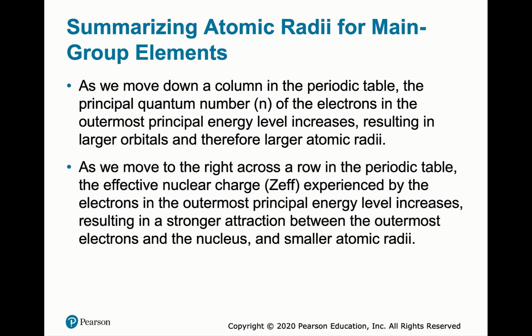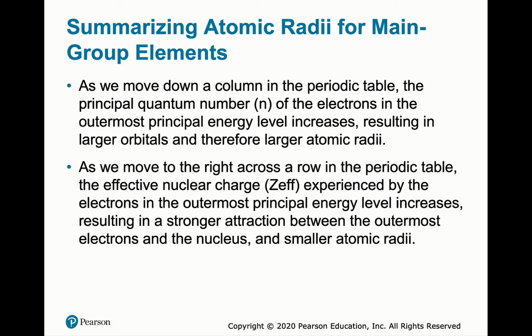And so generally speaking, for the main group elements, as you move down, you get larger atomic radii. Because if you look at lithium, it's +1, but then you go to sodium, it's +1 as well, but now you've got that big amount of electrons there.